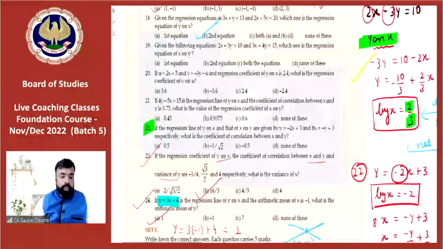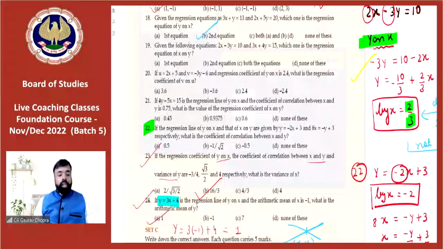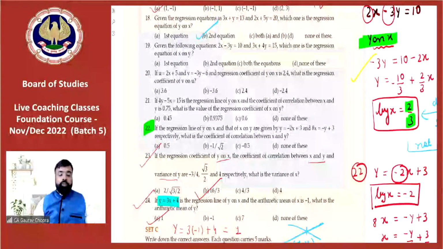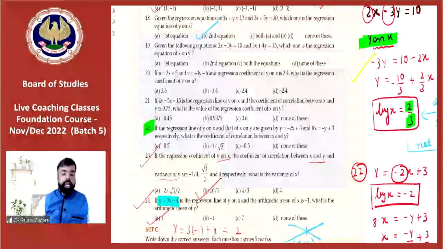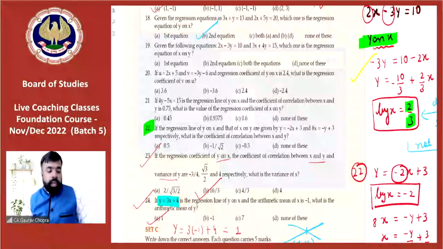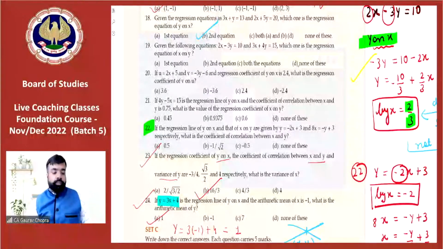Okay, someone has asked question number 20. So U and V equations are given, and the regression coefficient of y on x is given, and we have to find the regression coefficient of V on U. You can calculate this in a similar manner. We had done this in correlation.